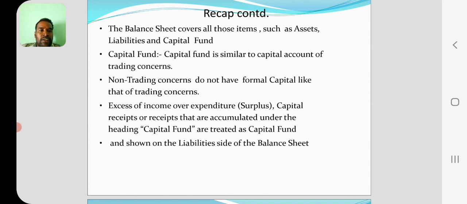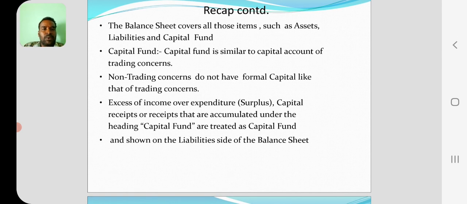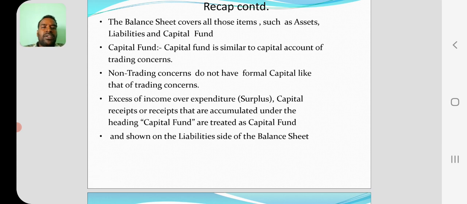Non-trading concerns do not have formal capital like that of trading concerns. The only difference is that in a trading organization the balance sheet has only capital, whereas a non-trading organization uses the word capital fund. Excess of income over expenditure, meaning income is higher than expenditure, is called a surplus.